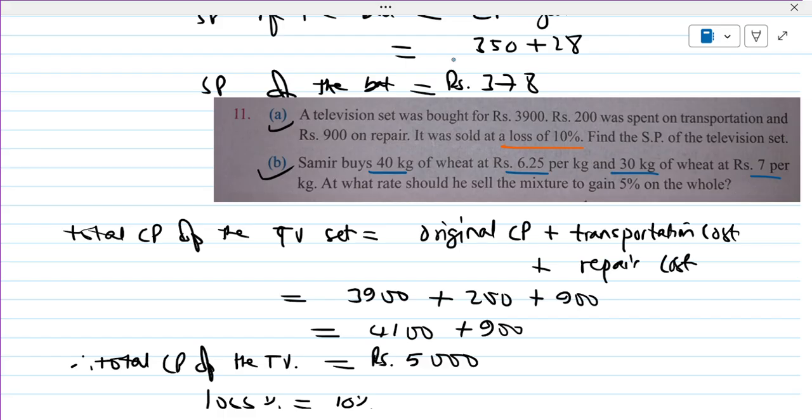So first we have to find how much cost was paid for the first 40 kg and the second 30 kg, and those two costs we add together to obtain the total cost of 70 kg, and then we'll be finding cost per kg by dividing by that 70 kg, because 70 is the total over there, is it? And after finding cost per kg of the wheat, then we'll easily find what the 5% profit per kg will be, is it? And then by adding that profit on the cost price, we can find the selling price per kg of that whole mixture.